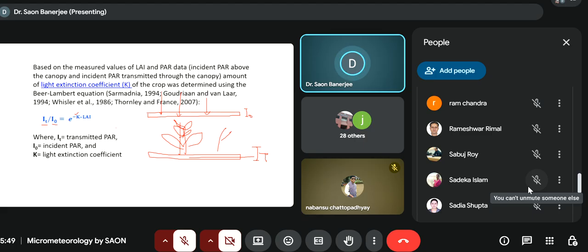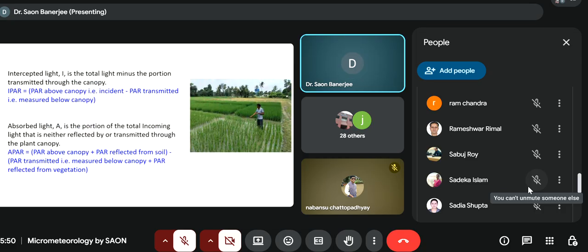This is governed by the equation I T by I naught is equal to e to the power minus k L A I. This is nothing but our Beer's law.